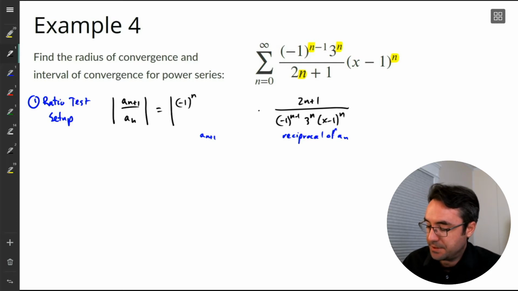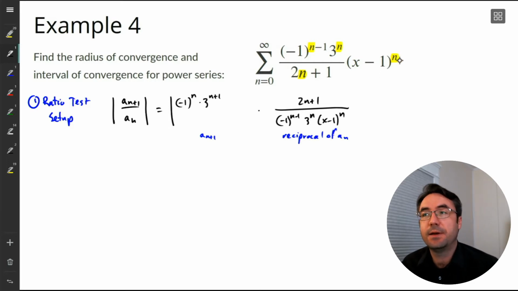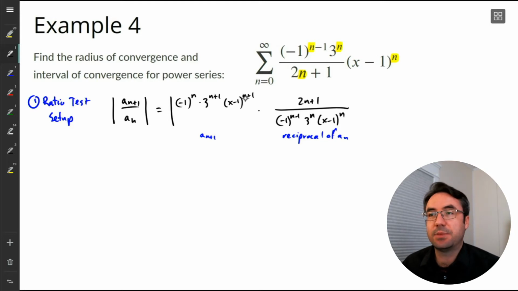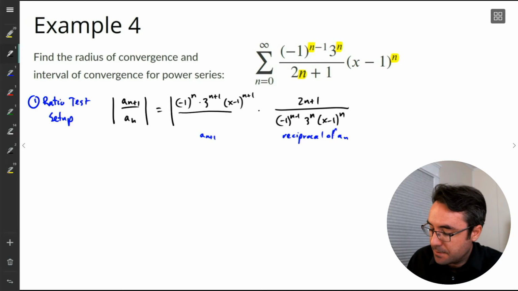Then 3 to the power n becomes 3 to the n plus 1. Same thing for our power of x: it's (x minus 1) raised to the n plus 1. So we've just changed that n to an n plus 1. And finally in the denominator, we're going to have 2 times n plus 1, plus 1.